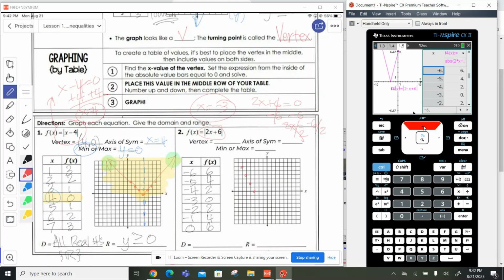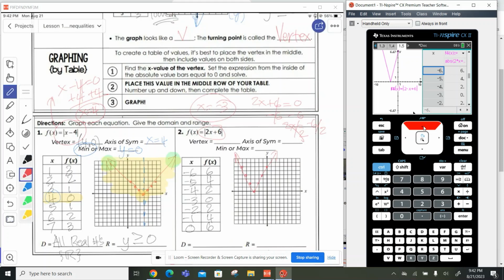On the right side of the vertex, negative 2, 2, negative 1, 4, and 0, 6. Okay, now connect the points. So that's pretty much the graph of f of x equals |2x + 6|.